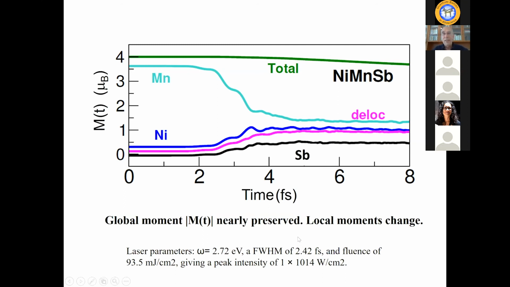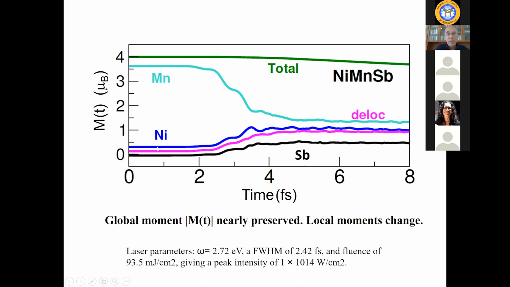And what we see is a very fast decrease of the magnetization on the manganese atoms, and at the same time, an increase on the nickel atoms.